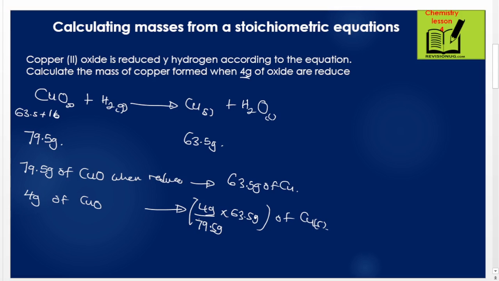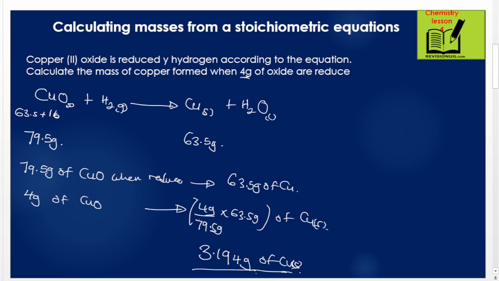Let me repeat this one. It is 4 divided by 79.5. This one gives us that one. Then multiply it by 63.5. So what do we get? We get 3.194 grams of copper that will be formed.